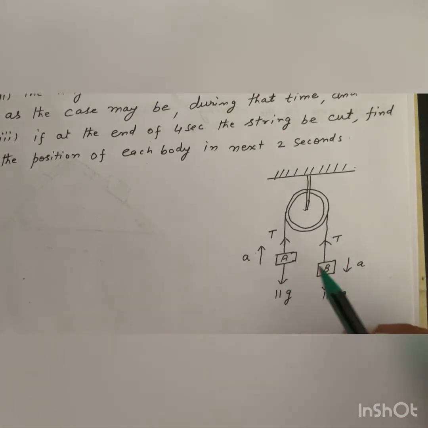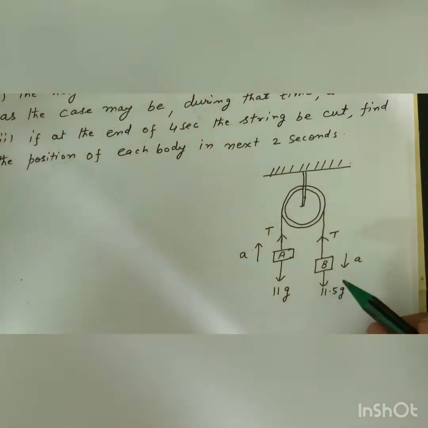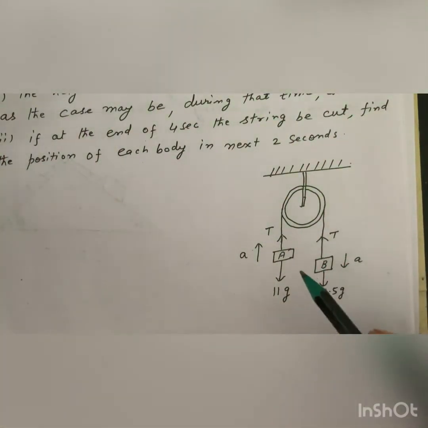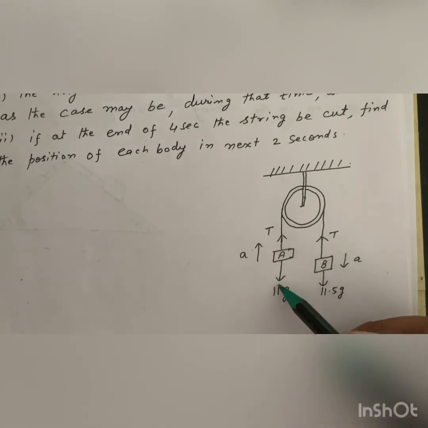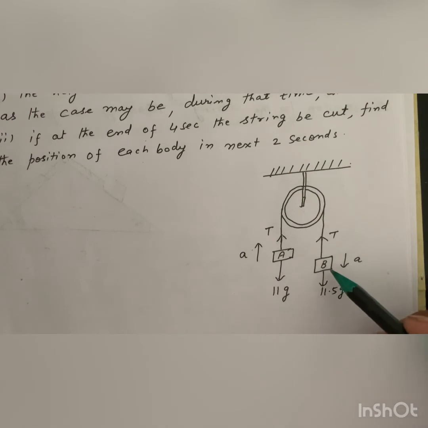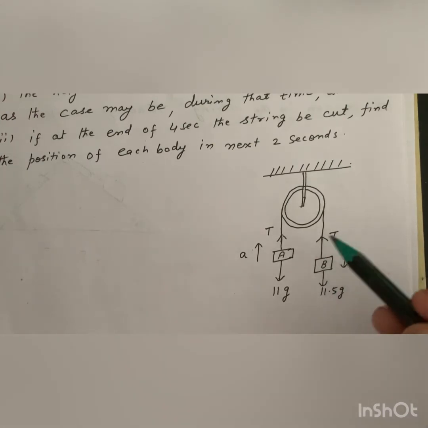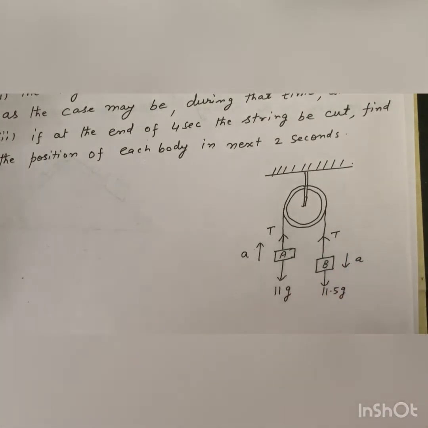Here we have two masses connected to each other by a light string. This is mass A and this is mass B. The various forces acting on these are, here in this mass the force acting is 11g, that is the weight of this body, and here its weight is 11.5g, acting in the downward direction, with tension in the upward direction.